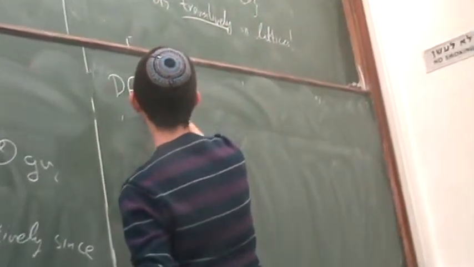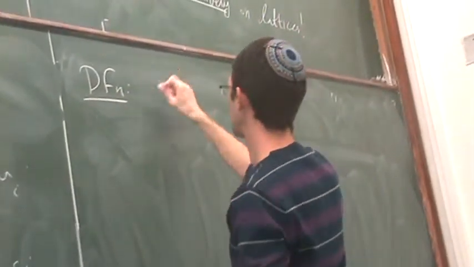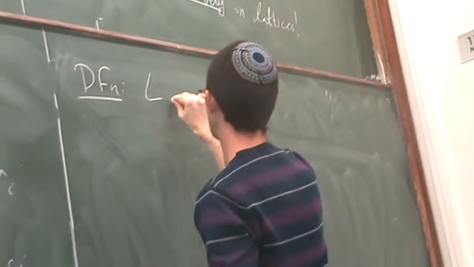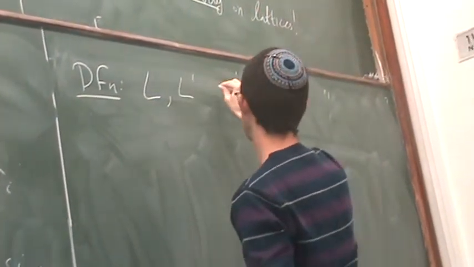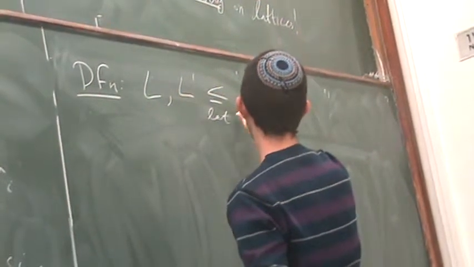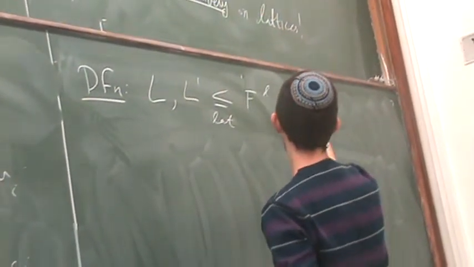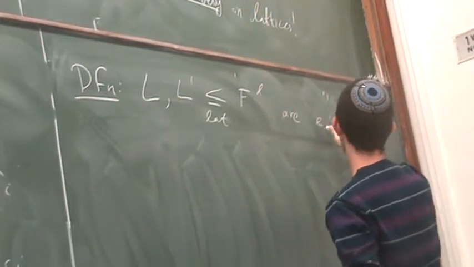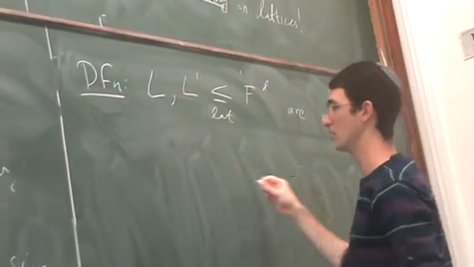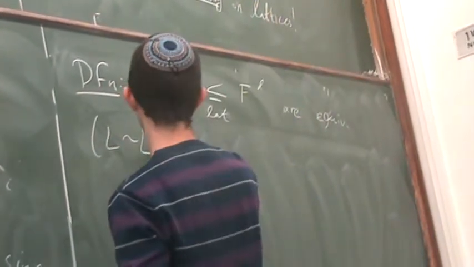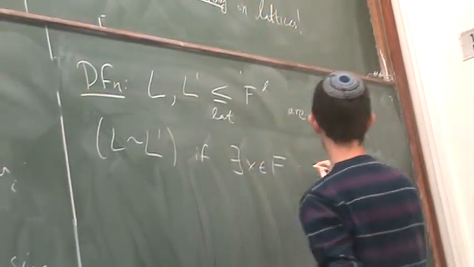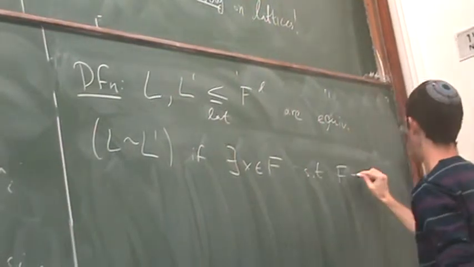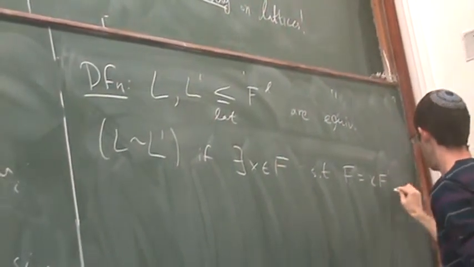Definition. Two lattices L and L prime in F^d are equivalent, denoted L equivalent to L prime, if there exists some x in F star such that L is x times L prime.